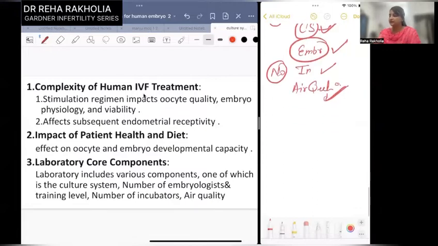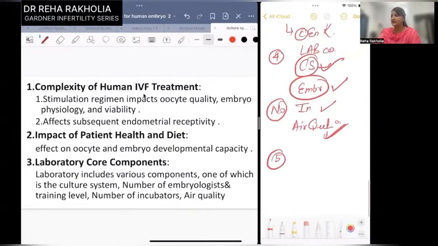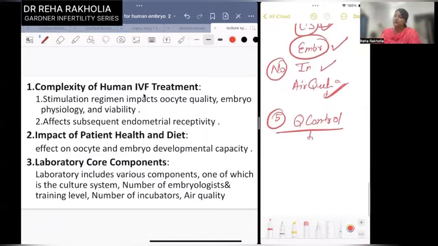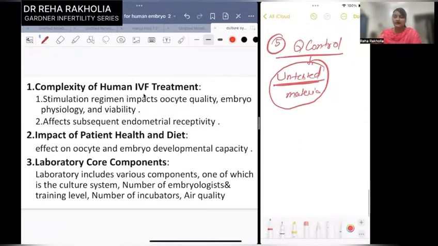Then fifth is quality control. If some untested material is there, it is considered toxic unless proven otherwise.